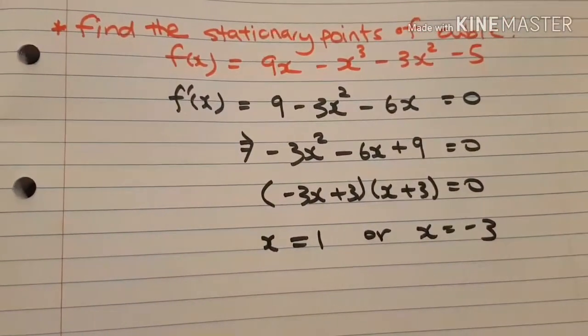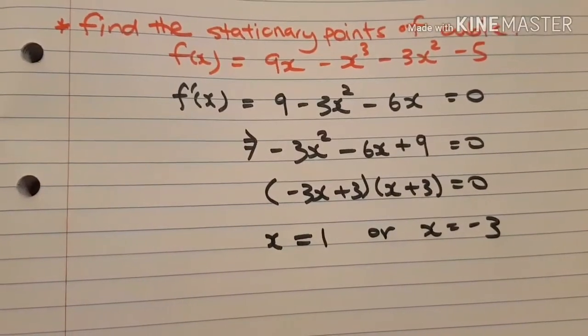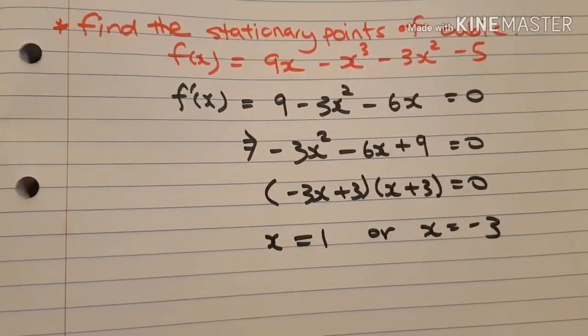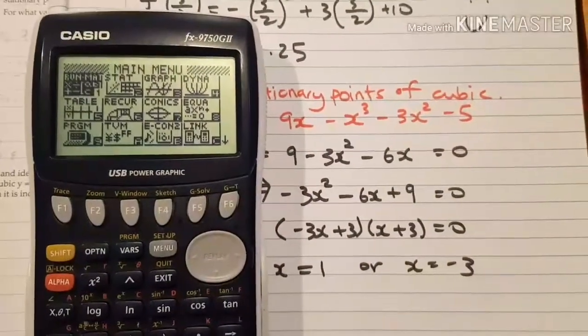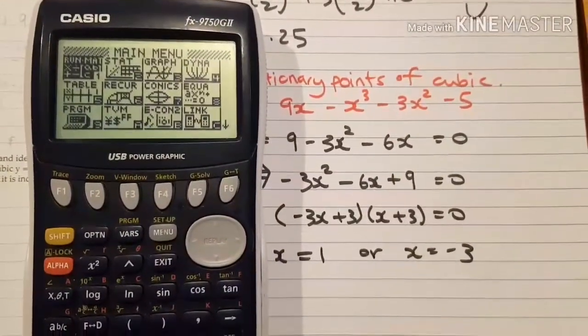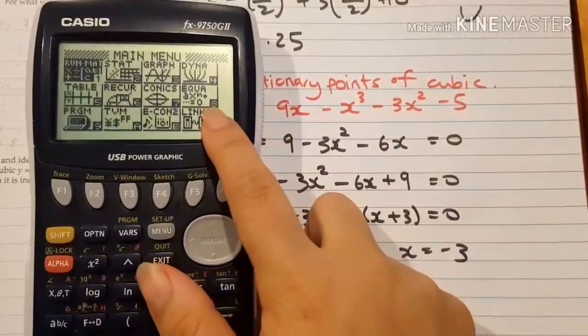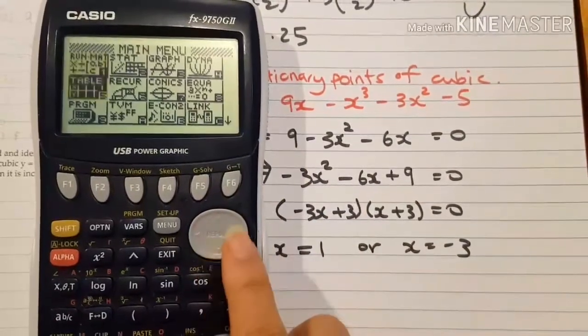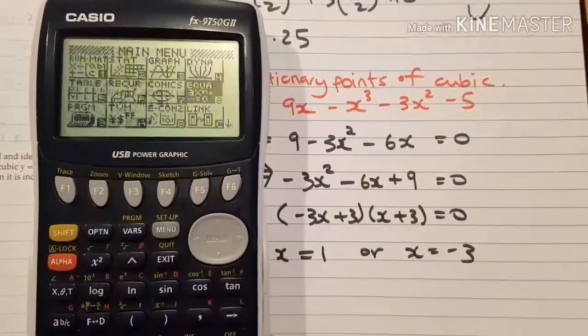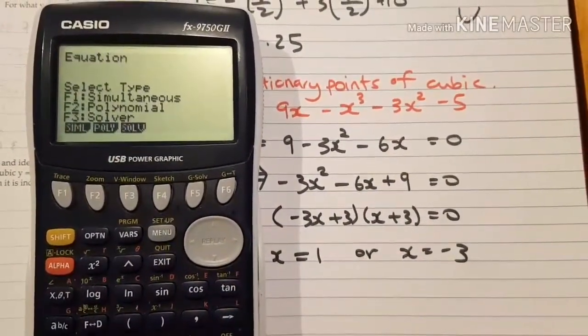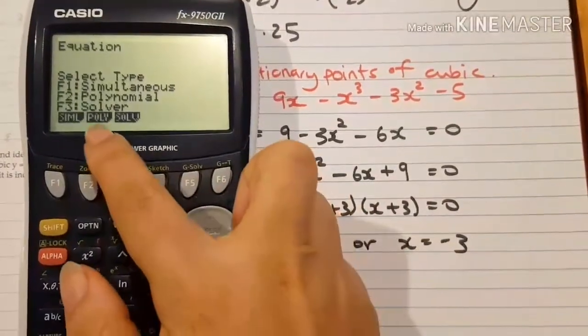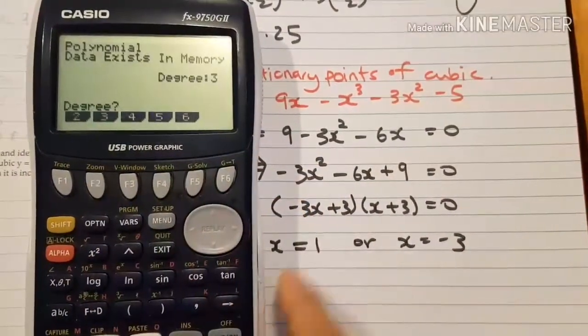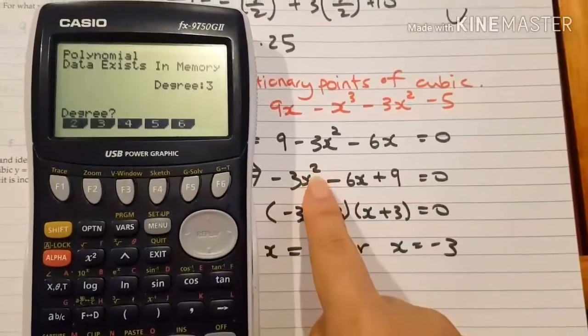If you try factorizing it, this is how you do it, and if you just want to use the calculator, that's fine. How you find it in the calculator is go to equal. Mine is number 8. I'm going to scroll down to the side. There you go, it's polynomial. The highest power is 2.